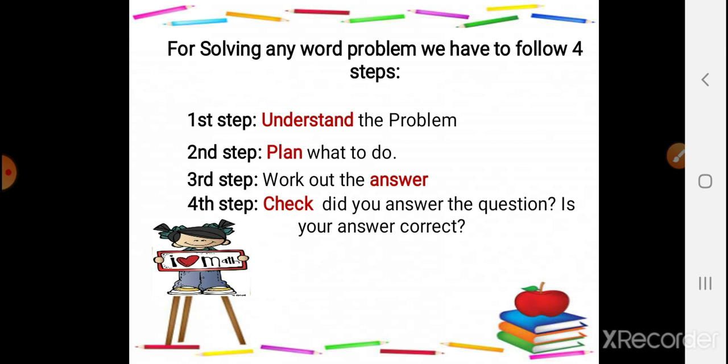For solving any word problem, we have to follow 4 steps. You need to follow these 4 steps for solving any type of word problem. Our first step is to understand the problem.